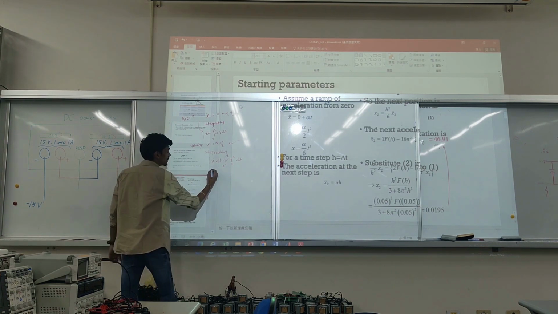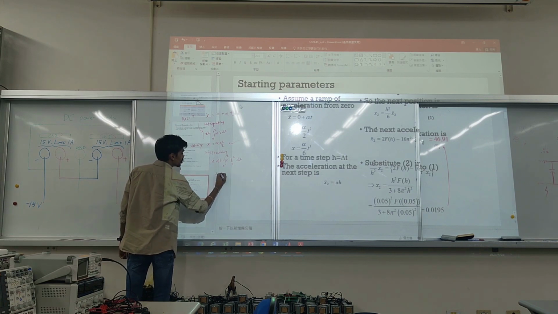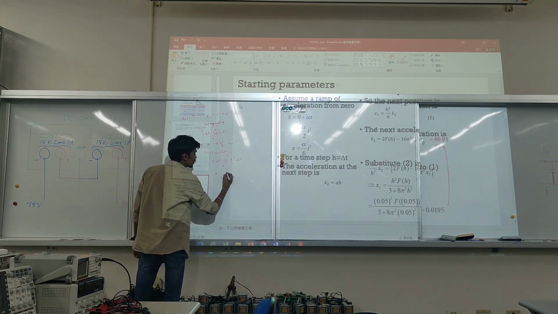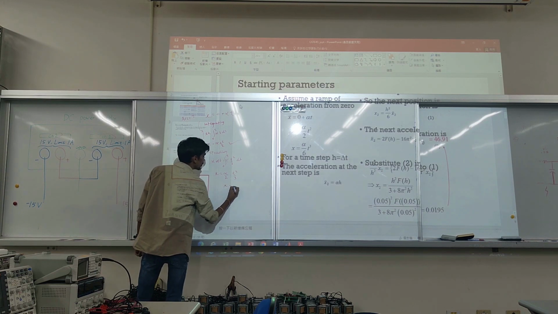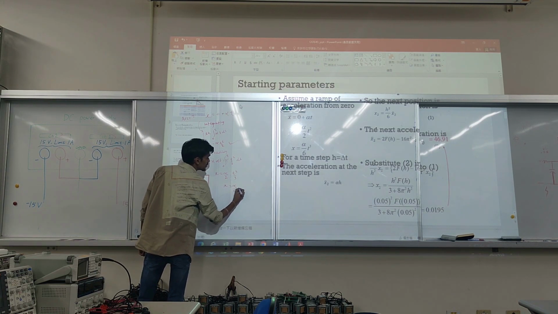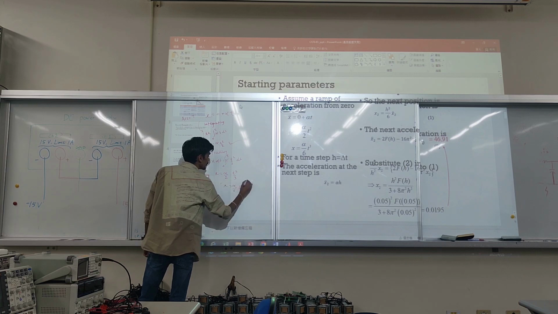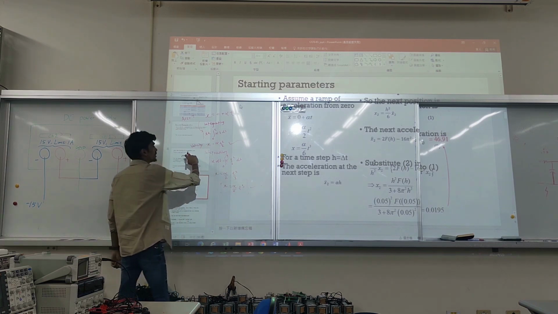So then what we are getting is x is equal to alpha by 6 t cube. So then we are getting the displacement term and the velocity term.